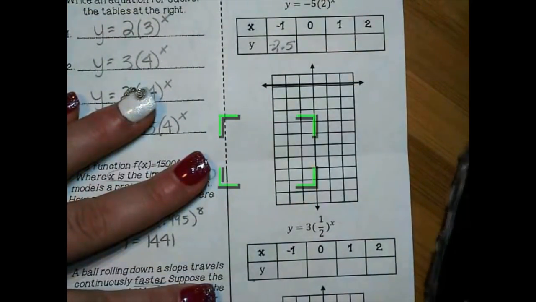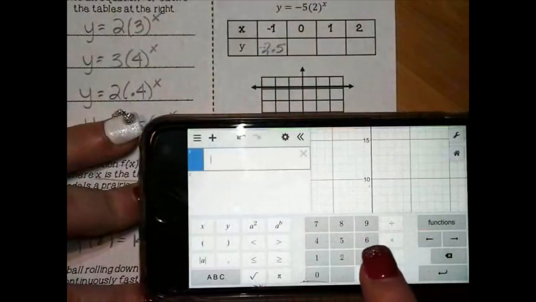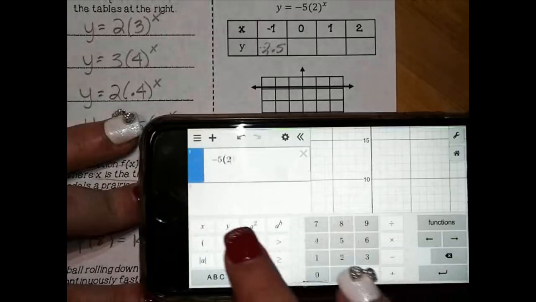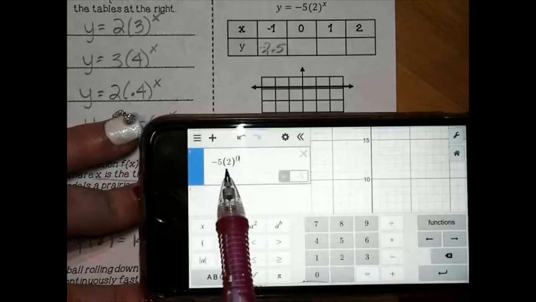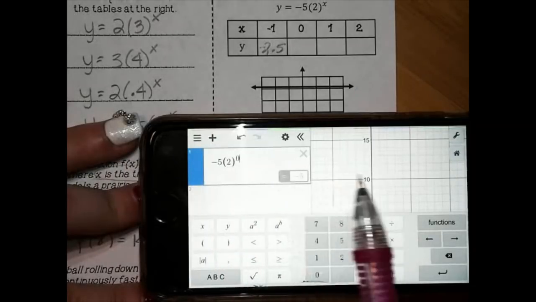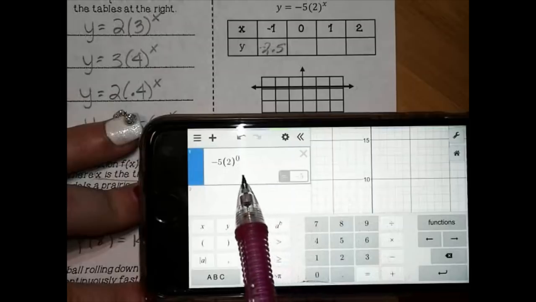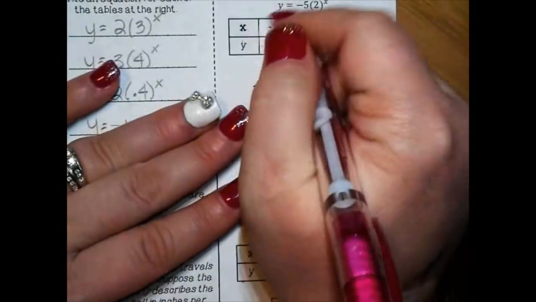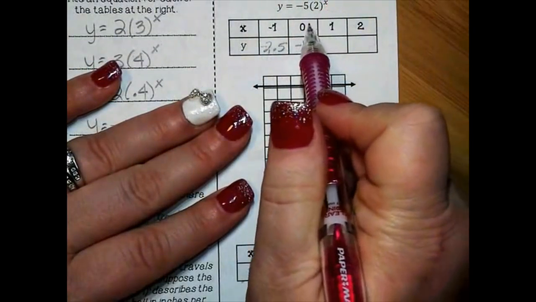Okay. And then our next one, we're just going to keep filling in the table. -5 times the same growth factor of 2. The only thing we're changing is the x power. We get -5. And that's because anything to the 0 power is 1. So then you get -5 times 1, which keeps your starting point, or your A, true.